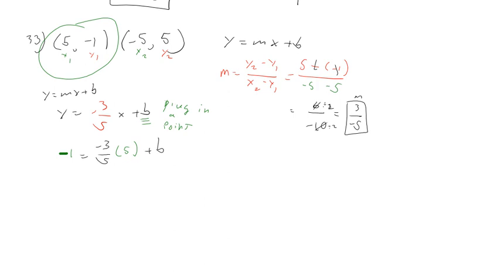Doesn't matter which point I use, I just chose that one. It'll work the same for either one. I plugged in my y of negative 1, plugged in my x of 5, and I have to solve for b.